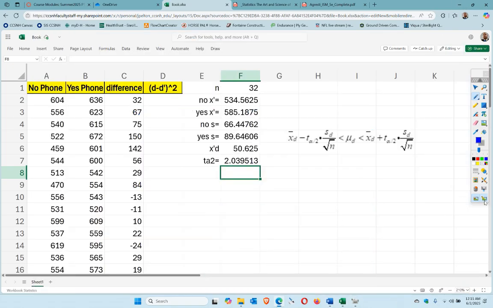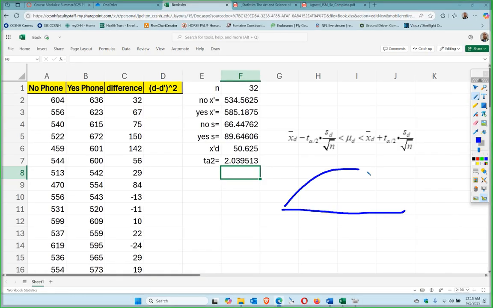So if we do this, that's 0.95, which means this is 0.025. And it's the same thing on that side, correct?